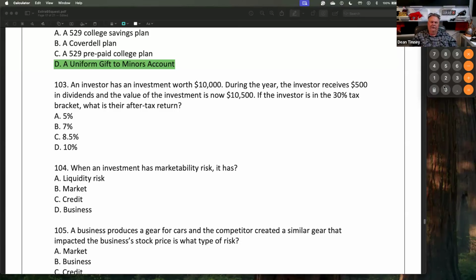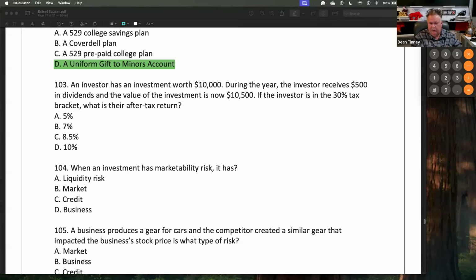So we're going to take the $500 times, and there's a couple of ways to do it. You can either multiply by 70 to know what they keep, or multiply by 30 to see what the tax is. There are lots of ways to do math. I was going to divide that by 0.70, but I don't know if dividing would work.